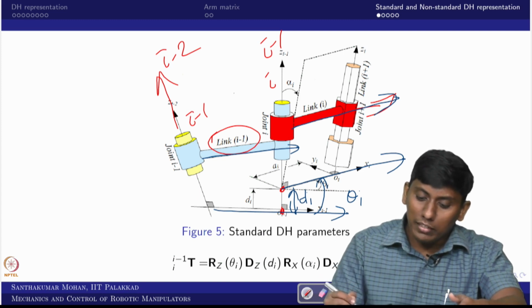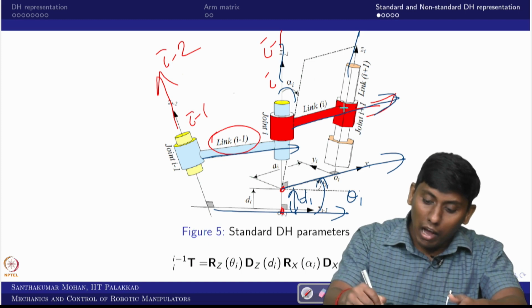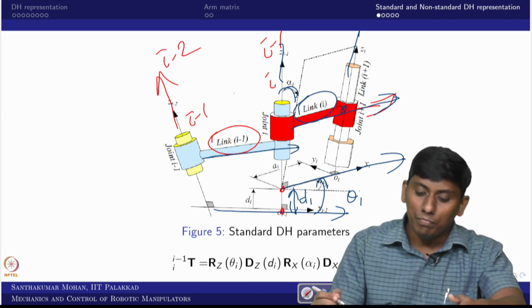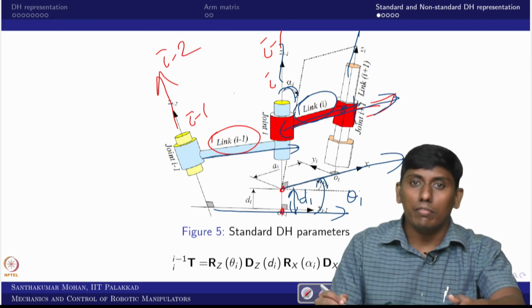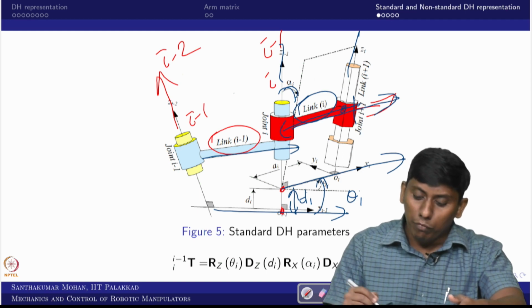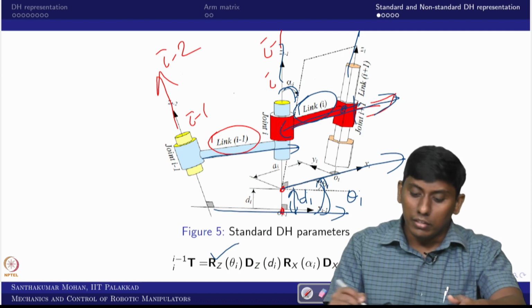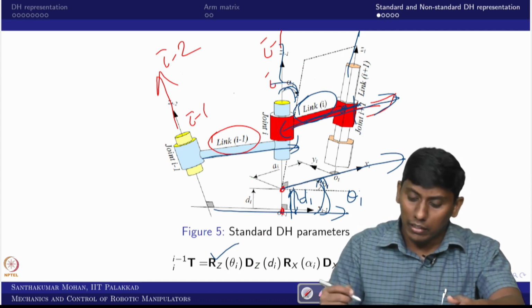Further, we look at z_i to z_(i-1): what angle is twisted, and what distance is traveled along the x, since you are looking at link i. If you use that way, first you rotate, then translate, then rotate and then translate.